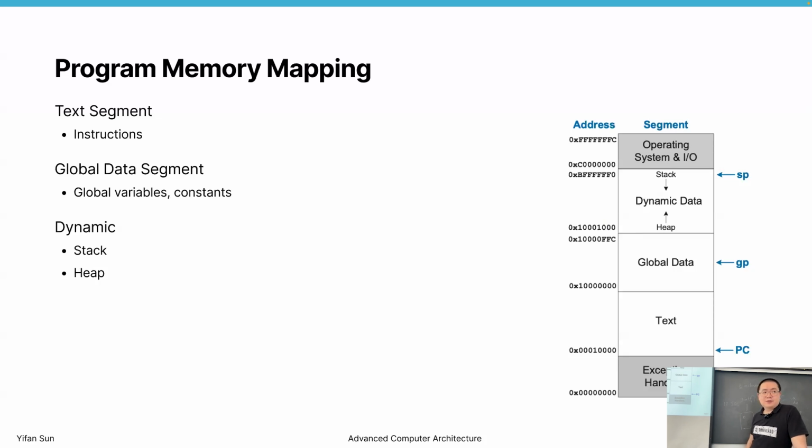So what's the difference between stack and heap? I can give you a few examples, and you tell me if it's allocated on the stack or heap. int A[50], stack or heap?